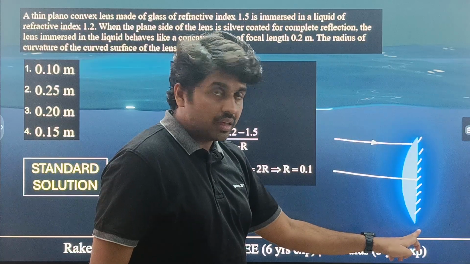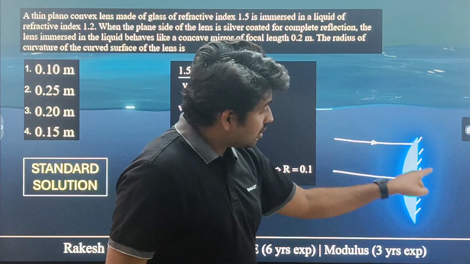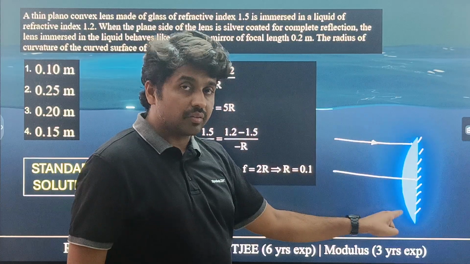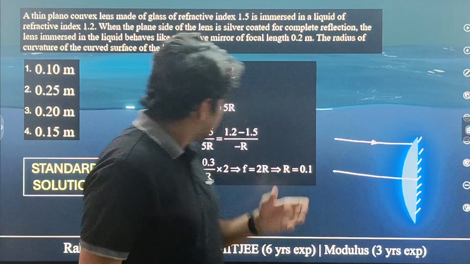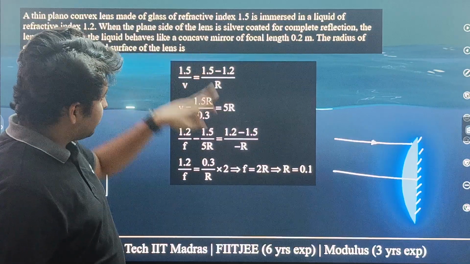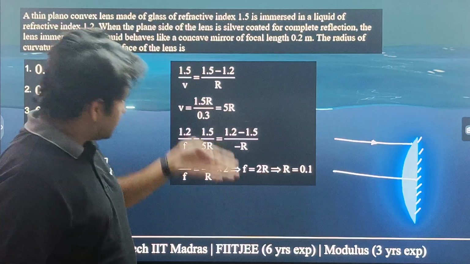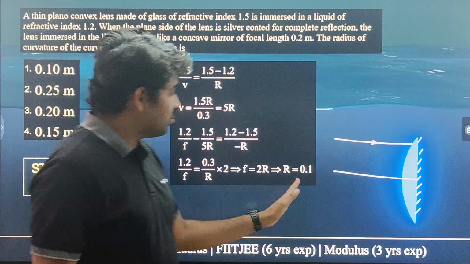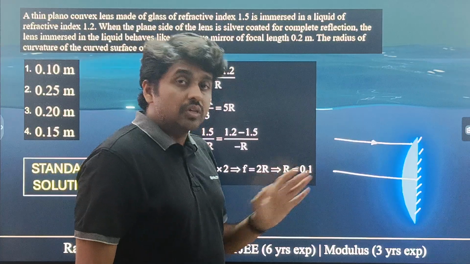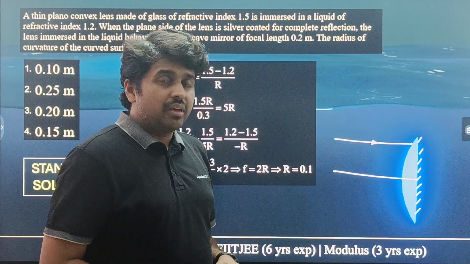The image formed by the plane mirror acts as an object again for this curved surface. So basically, he is writing the refraction formula twice: once here, finding the image, and then again here, finding the final image. So this is the standard method.